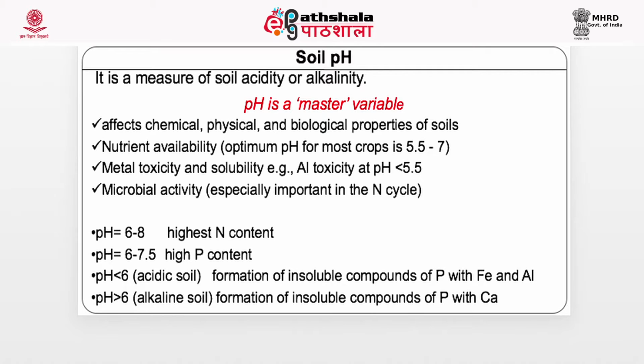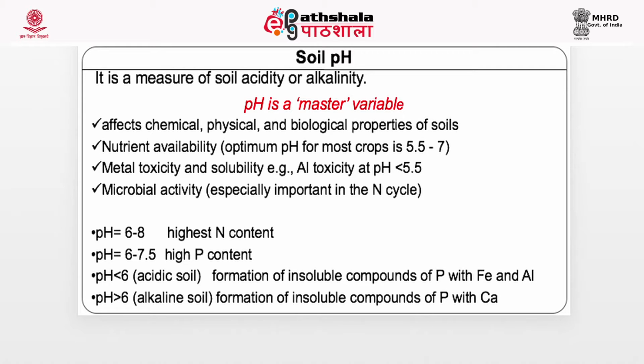The microbial activity is also influenced by pH, especially important in the nitrogen cycle. The pH of 6 to 8 is seen to have the highest nitrogen content. pH of 6 to 7.5 is high in phosphorus content.